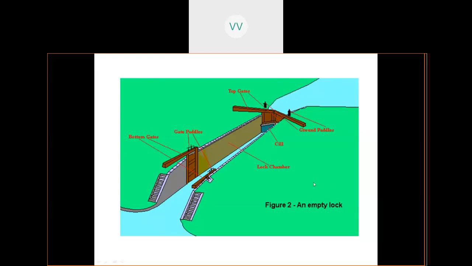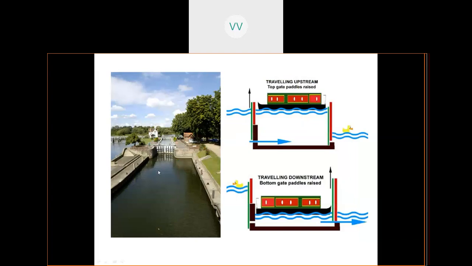Now let us see this photograph. You have this lock gate and this lock chamber. Look here, this is gate 1, this is the pair of gates, and this is the upstream side. To the other side you will have the downstream side.